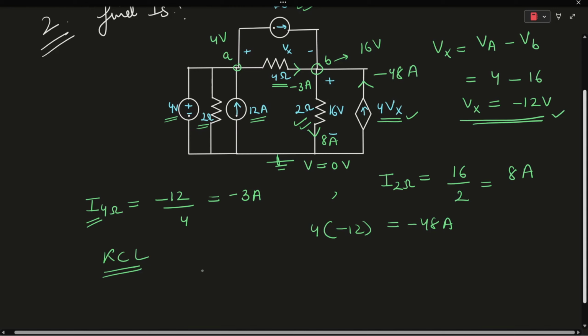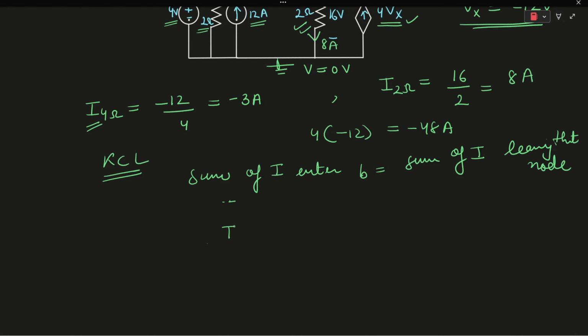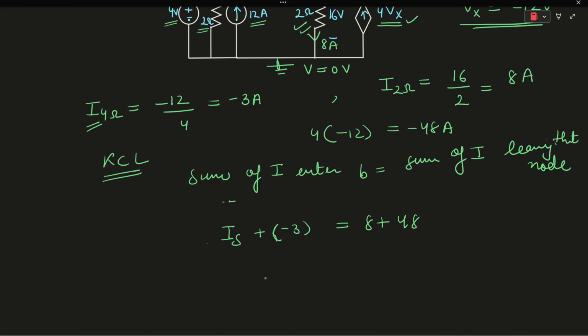The sum of currents entering the node B is equal to the sum of the currents leaving that node. So Is plus minus 3 is equal to 8 plus 48, which is equal to 56. So Is will be equal to 59 amperes.